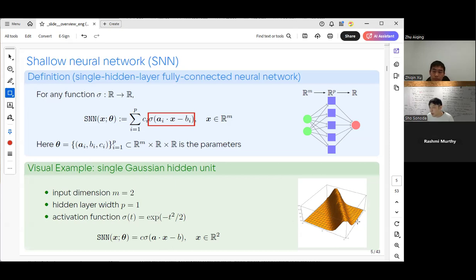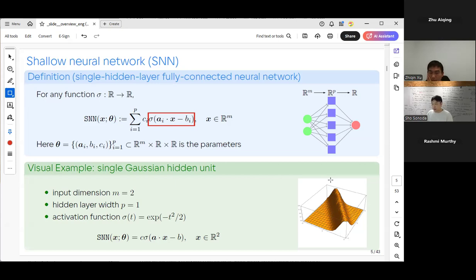So you can see the Gaussian shape in this section. You can also see this constant direction, which is controlled by the weight parameter A, right? Because if x is orthogonal to A, then it doesn't have any effect on the output. So in the visualization, it is a constant direction, and we call it a ridge.